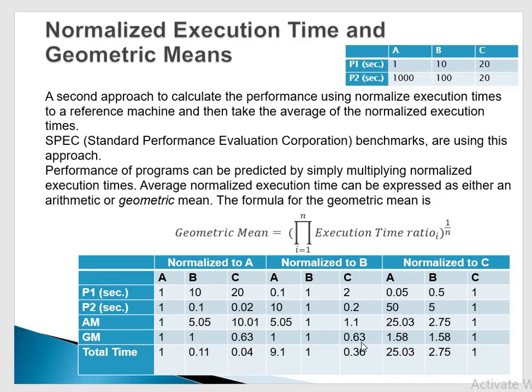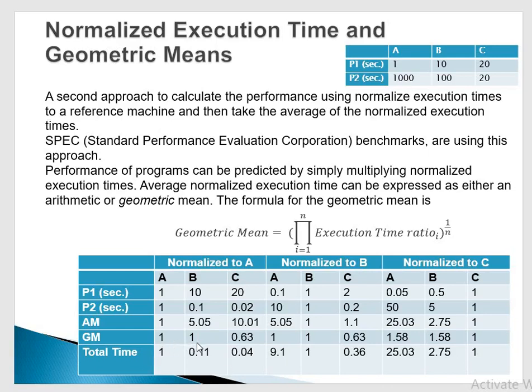Similarly, if we go to the normalized execution times for C, and consider that computer C takes 1 second to execute the program, then B will take 2.75. So computer B is 2.5 times slower than computer C, and computer A is 25 times slower than computer C.